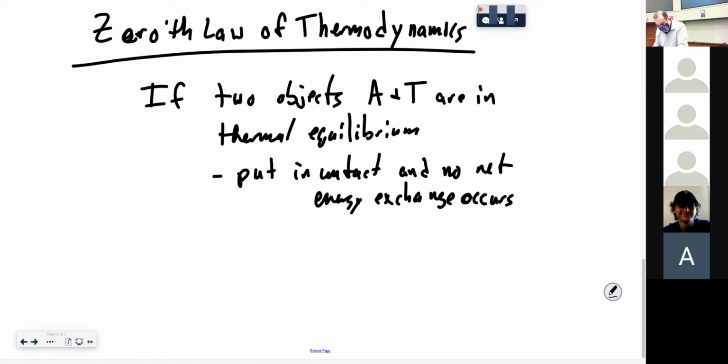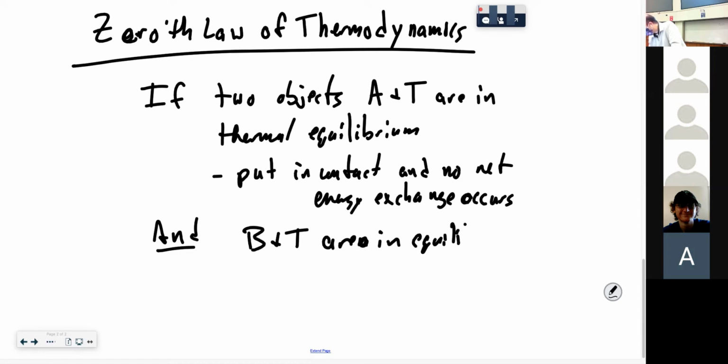Okay, if you say that, and also B and T are in equilibrium, so in other words, you remove your thermometer from bath A and you move it over and you put it in some other substance B, and there's still no net exchange between that thermometer and that substance.